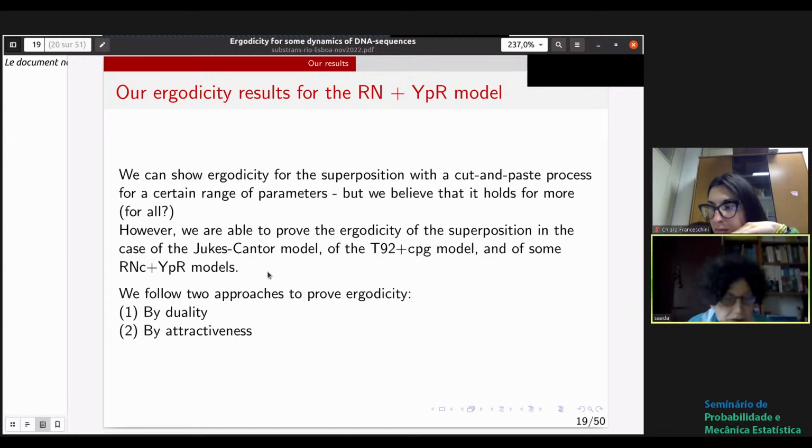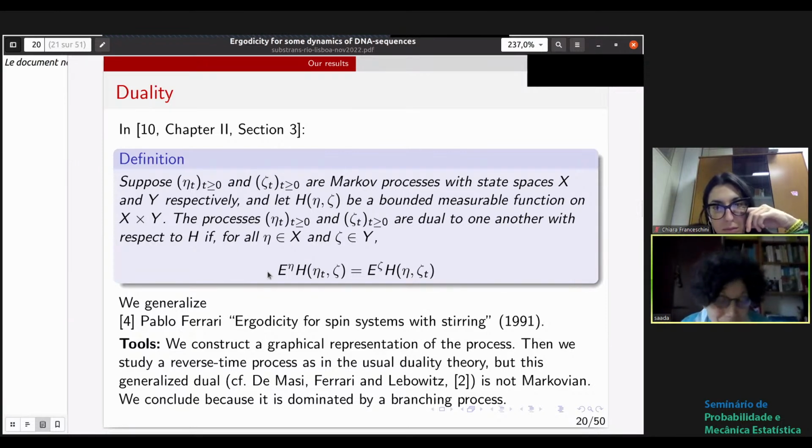So what's funny is that it looks very simple, but in fact, it's very, very tricky. So, okay, first duality.